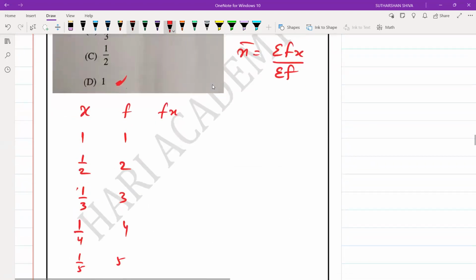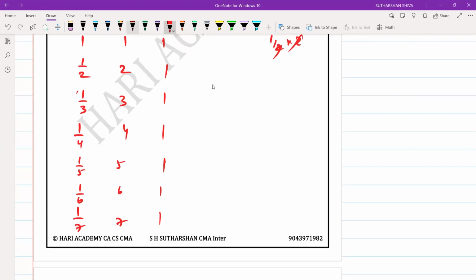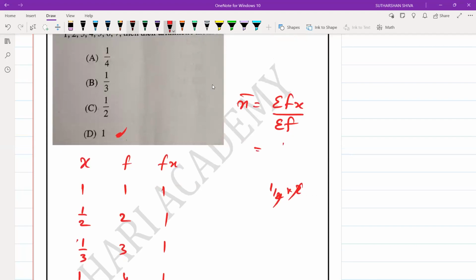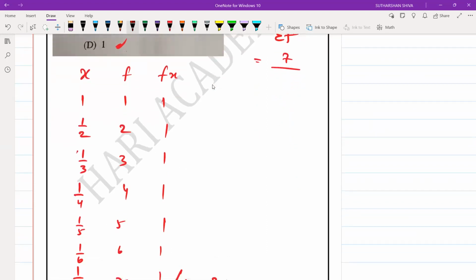If I calculate fx, f into x: 1 by 2 into 2, the 2s get cancelled, 1. 1 by 4 into 4, 1. Everything is 1. Finally, summation fx will become 7. So in the numerator I will write 7, divided by summation f.